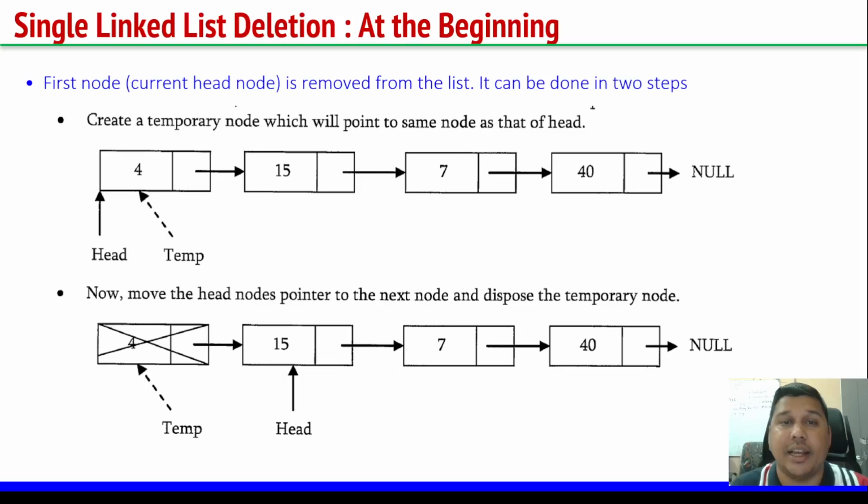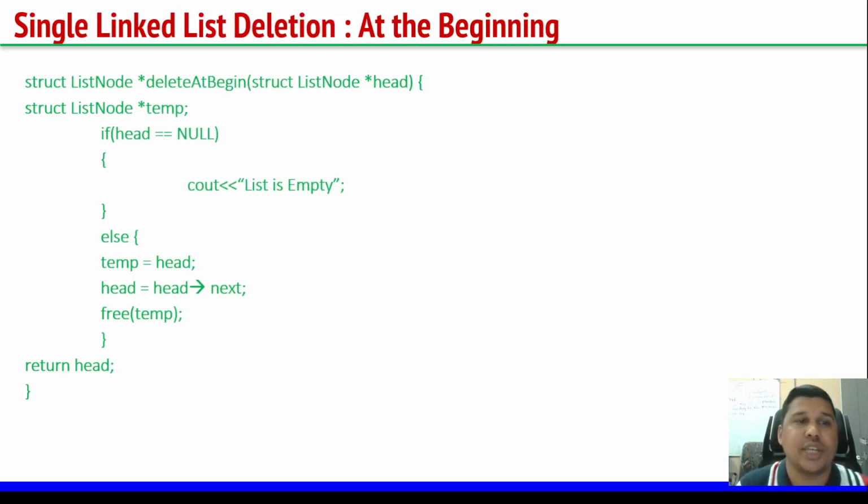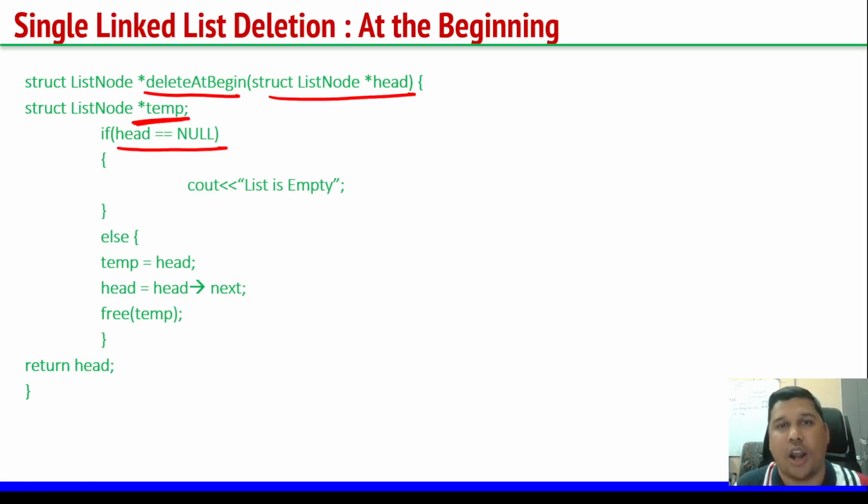Let us see the implementation of deleting an element at the beginning of the list. If you see here, delete at the beginning of the list, I am passing head because head is the only reference I have. I am creating a temporary variable and you check if head is null. It means there is no list at all. The list does not exist. In that case, you say the list is empty.